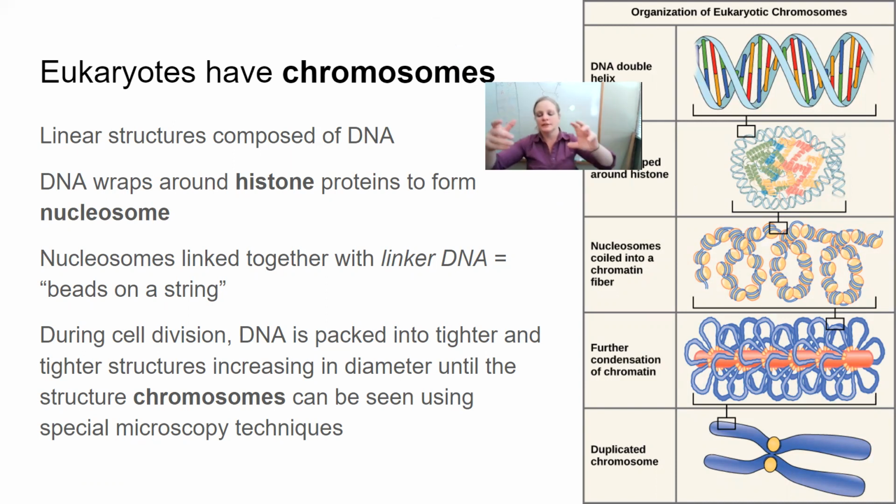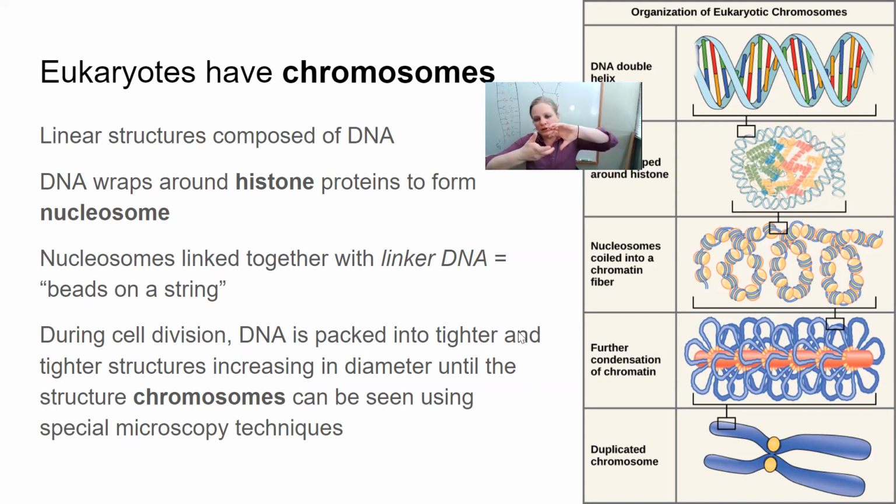That creates what we call a nucleosome. That gives us this beads on a string idea, where we have all these histone proteins attached by these little linker DNA segments.